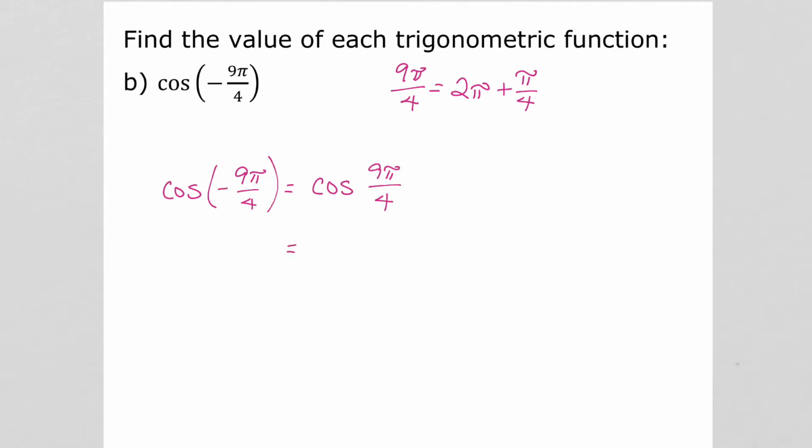So that is the same as the cosine of 2 pi plus the pi over 4, or the cosine of just pi over 4. And the cosine of pi over 4 is root 2 over 2.